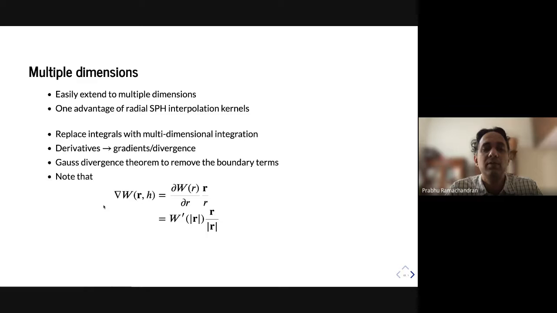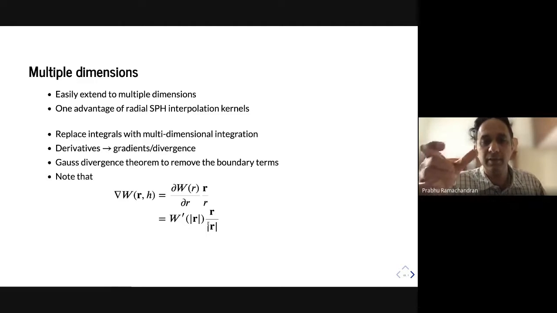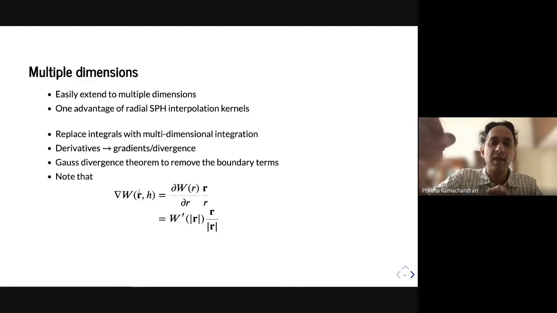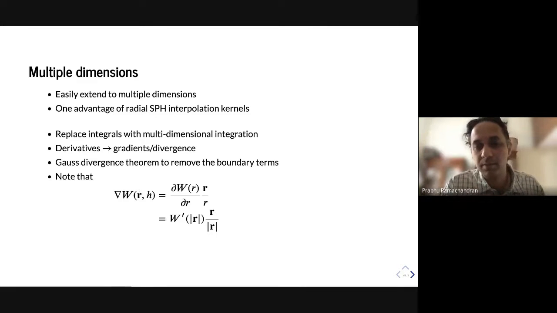If it's a radially symmetric kernel, you can write the gradient of W as dW by dr times r divided by r, which is the unit vector along r. Remember, this r will be ra minus rb, so given two particles, it's the radial line joining those two particles.